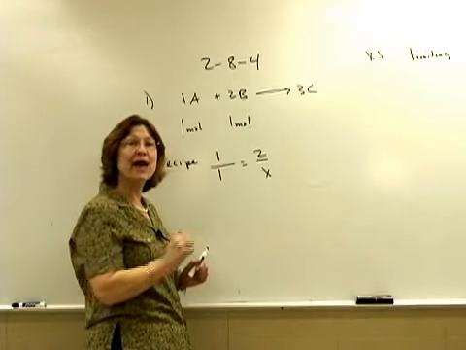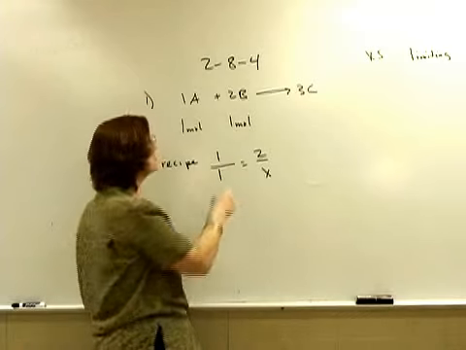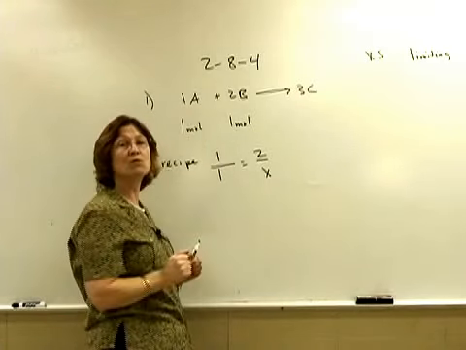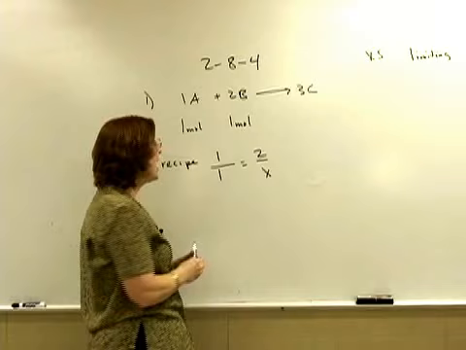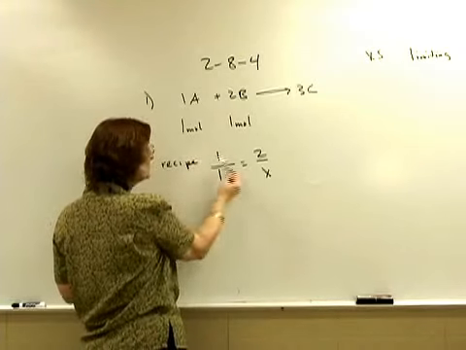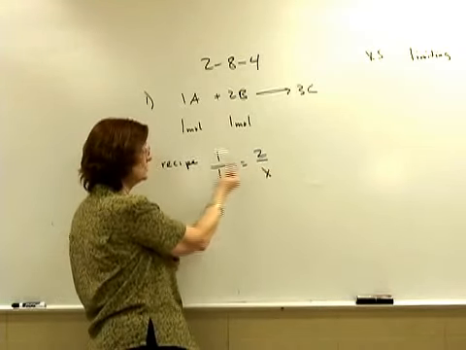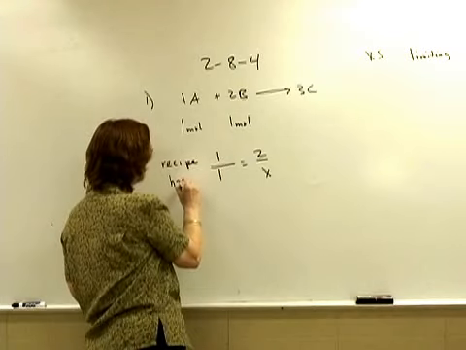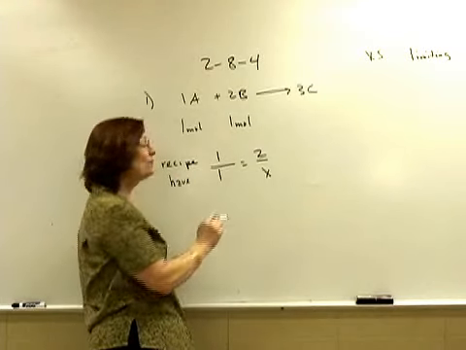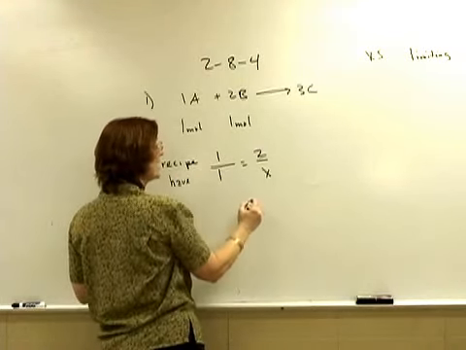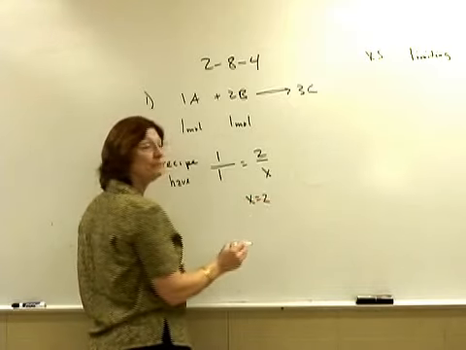I want to determine how many moles would be required to use up this 1 mole that I have for A. And when I do the math here, the recipe numbers for the coefficients are in the top, and then what I have is in the bottom. And when I solve this, I find that X is equal to 2.